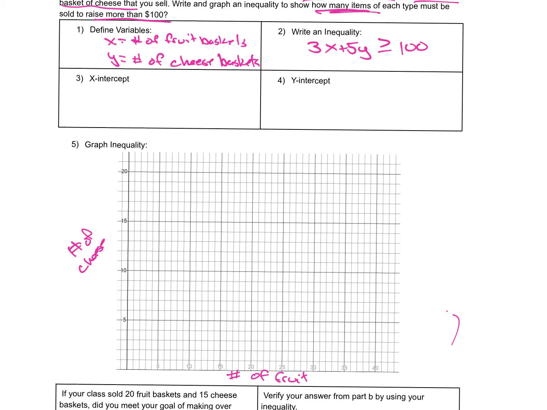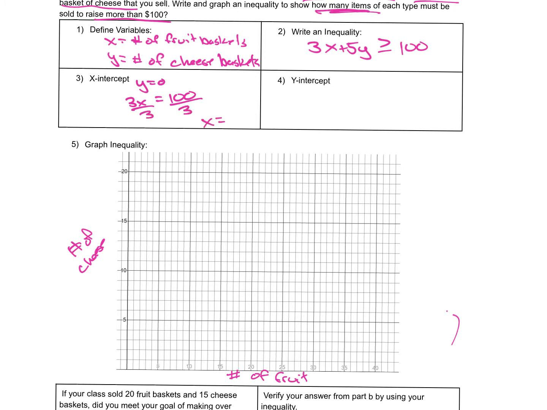And now it's going to be a matter of getting a graph. The easiest way to graph standard form is finding our x-intercept, so that's when y equals 0. So the first thing we're looking at is 3x is equal to 100, so we're going to divide by 3.